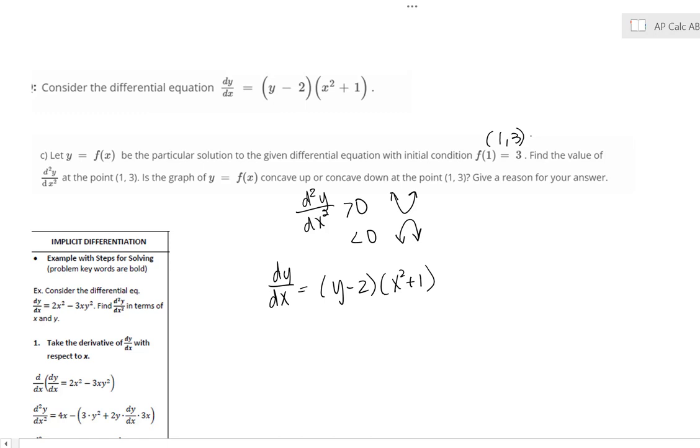So I have this ordered pair. So what I'm actually going to do is plug that in and find this first derivative given the value 1, 3. And when I do that, I get 3 minus 2, and 1 squared plus 1, which gives us a value of positive 2.